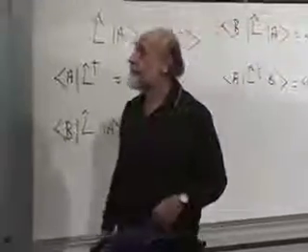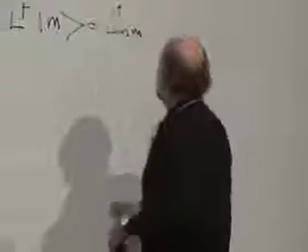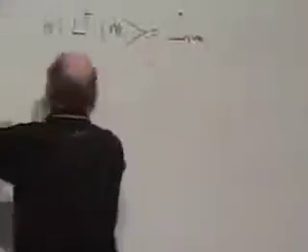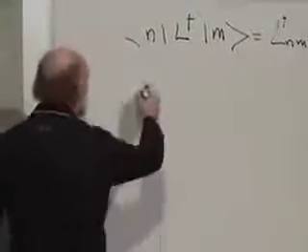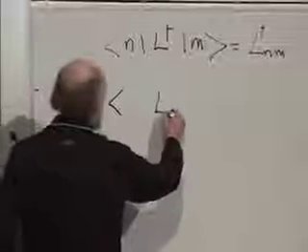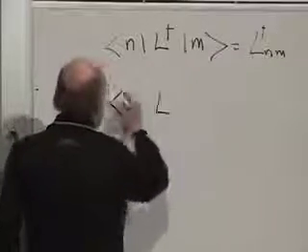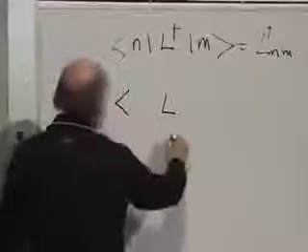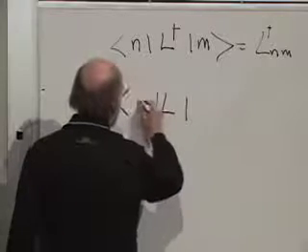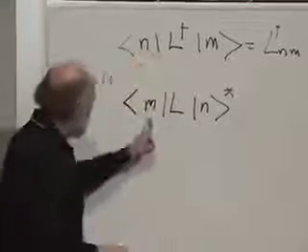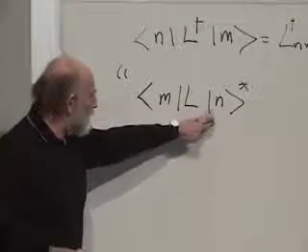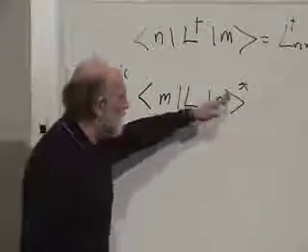What's that? Do you want a dagger on the right side? Thank you. I do. Right. That is equal to, this is yet to be defined, or we assume that we know the matrix elements of L, but this is equal to the complex conjugate of the matrix element of L with the bras and the kets interchanged and complex conjugated.